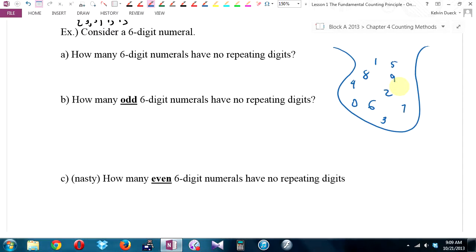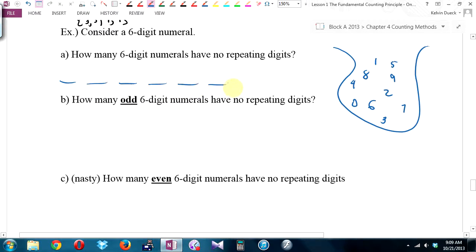Cool. How many digits are we creating? How many digit numerals are we creating? 6. How many blanks am I drawing? 1, 2, 3, 4, 5, 6.